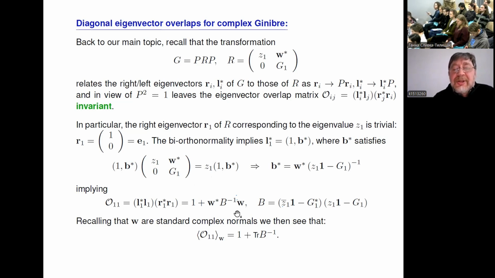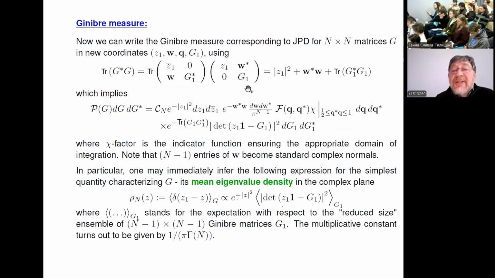And we will be interested in finding, in principle, one can find the whole distribution of this random variable. But we will be interested now in computing just its first non-trivial moment, just the expected value. First, it's very easy to perform averaging over W's, since I showed you they are just Gaussian normal standard variables.